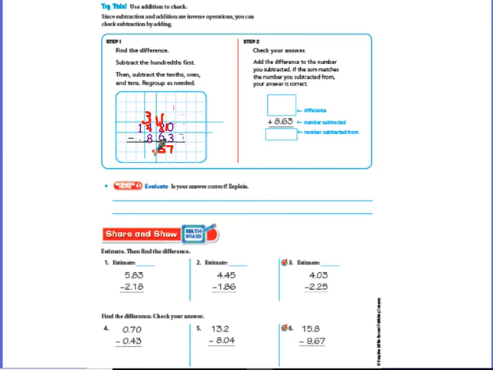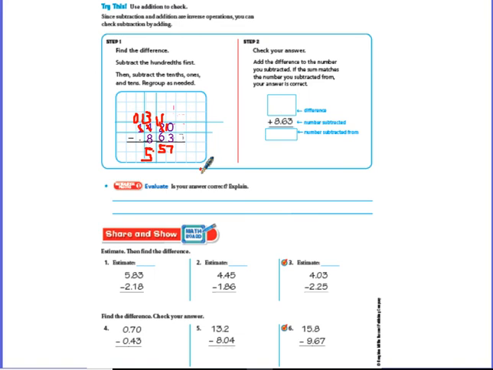I drop down my decimal, and I do 3 take away 8, can't do it. Whoops, sorry. So I go borrow again. 13 take away 8 is 5.